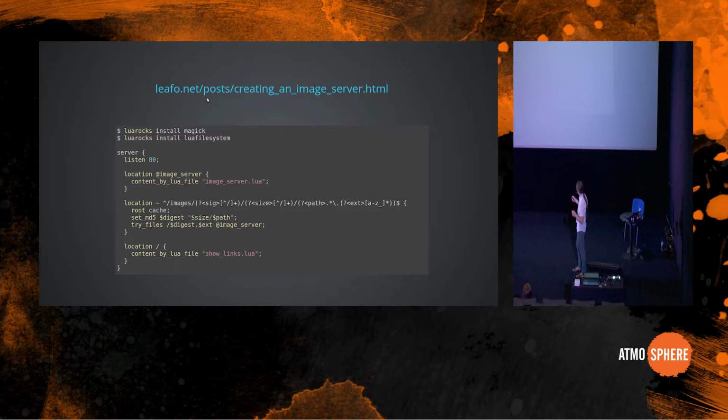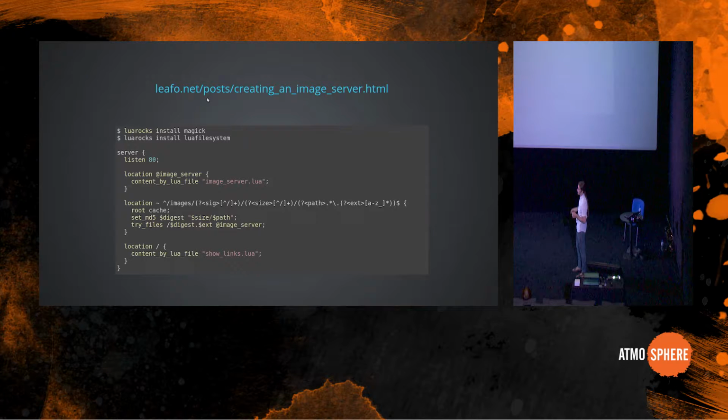We have this path which takes the signature, and we have the size, and then the name of the file. We just do MD5, the digest of this size and path, and then we try those files. First, we try the thumbnail that was created before, and then if not, we try to use the image server, which is defined here.